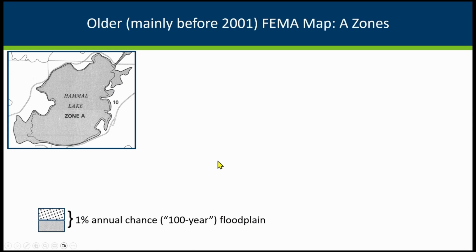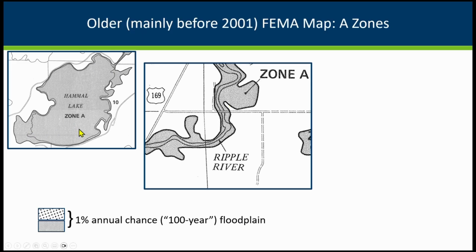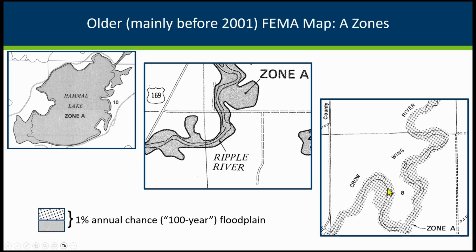On our older paper maps, this is what the lakes will look like for an A zone. It will be this shaded gray area, and the watercourse will have that same shaded gray area. But some of the really old maps in the 70s, early 80s will have these dots that are the floodplain.